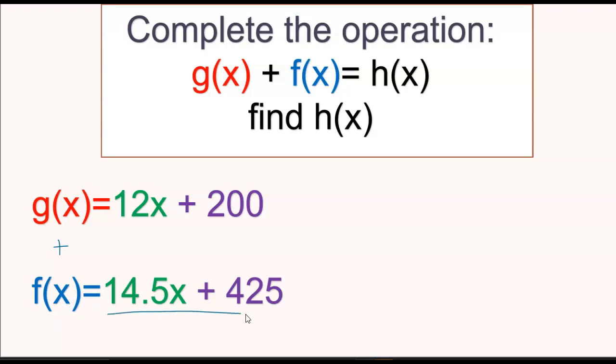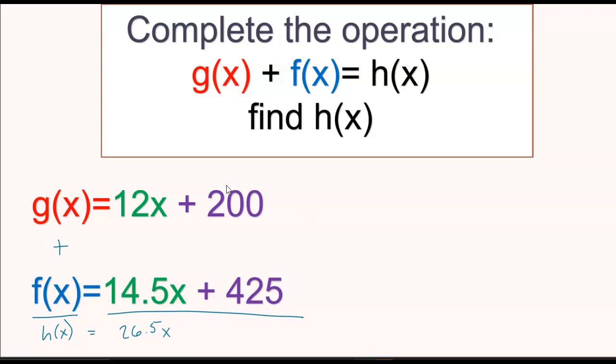Well, it turns out we can actually just add them like we would add anything else. Add numbers and we just combine like terms. So g of x plus f of x, we said that's h of x. And notice how these are color-coded by like terms. So this is an x term and this is an x term, and we can combine those. 12 plus 14.5 is going to be 26.5, and it will have x as its term.